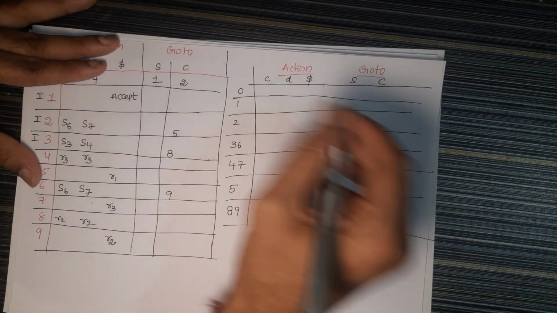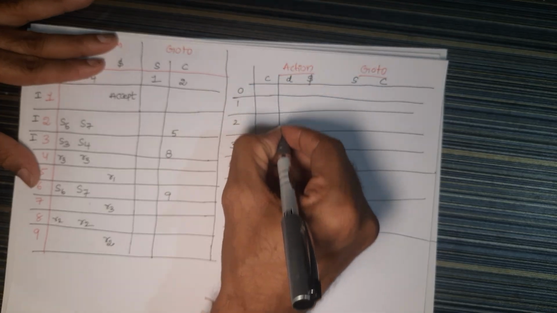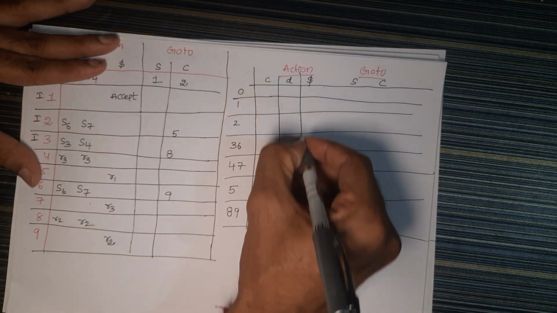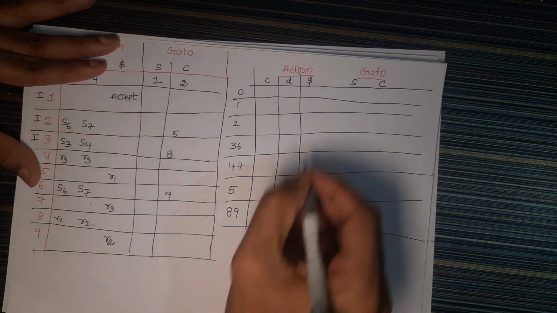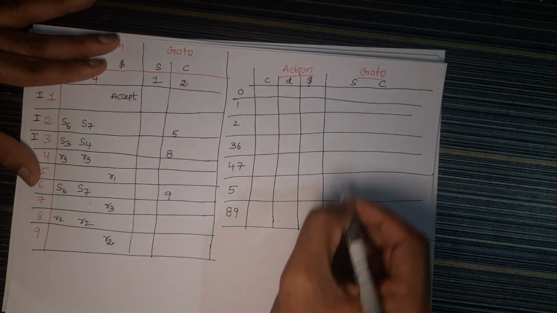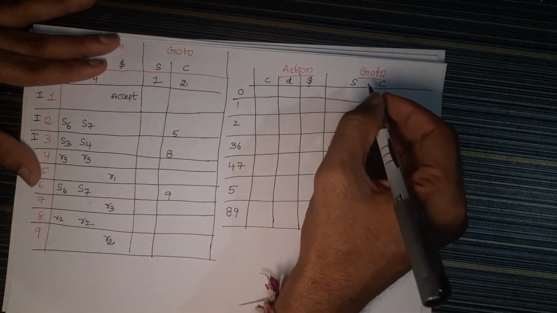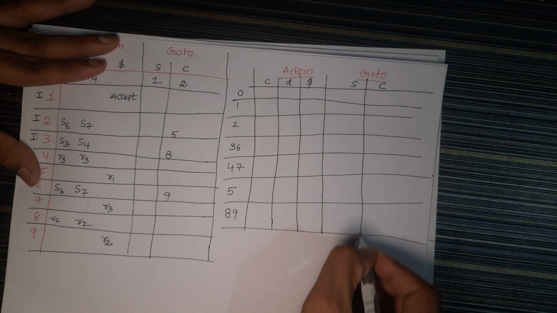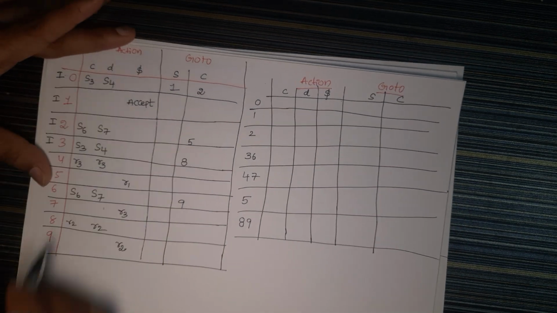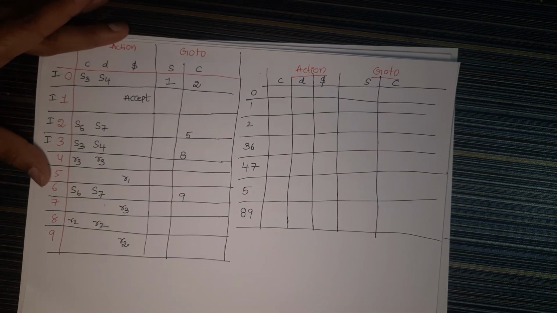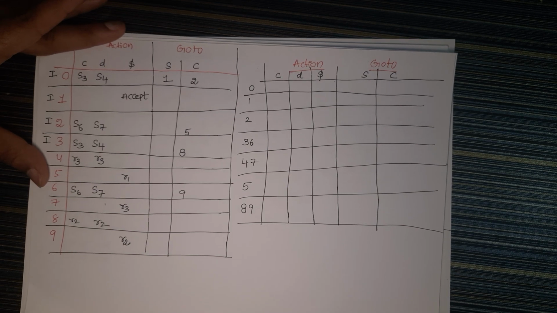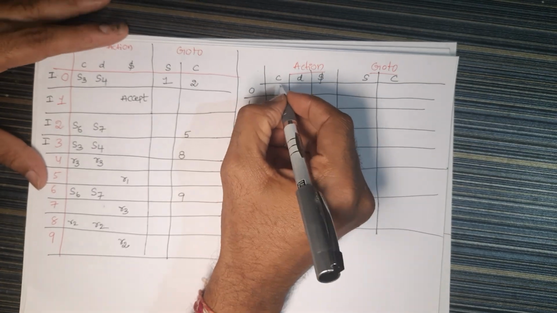Here, if you see the values of C by D as well as dollar and capital S and capital C. If you see I0, there is no change, you just write this as it is.